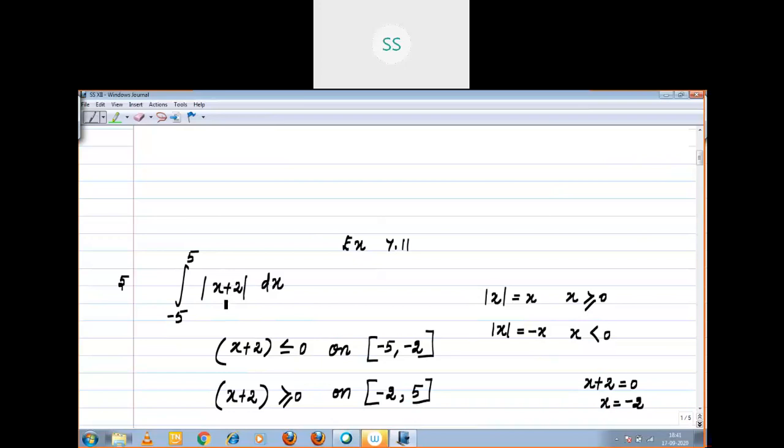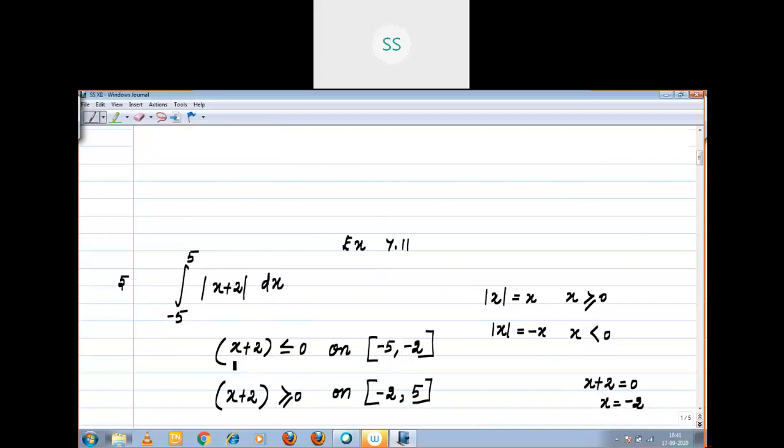Taking the given function and equating with 0, you get x is equal to minus 2. The minus 2 only divides the limits, that we call a breaking point. Using the breaking point, we are saying that in minus 5 comma minus 2 the function is negative, and in minus 2 comma 5 the function is positive.